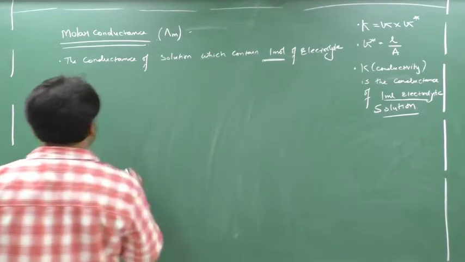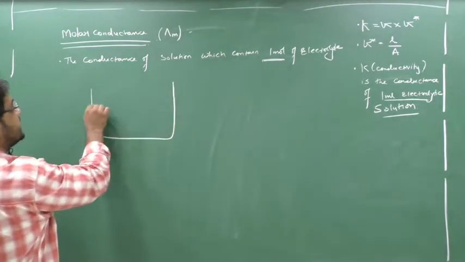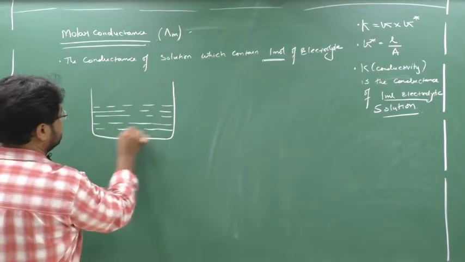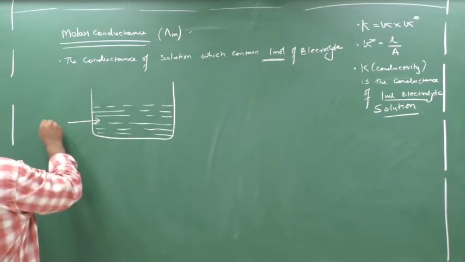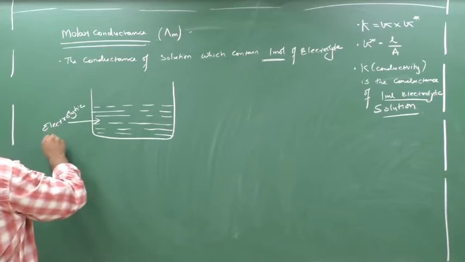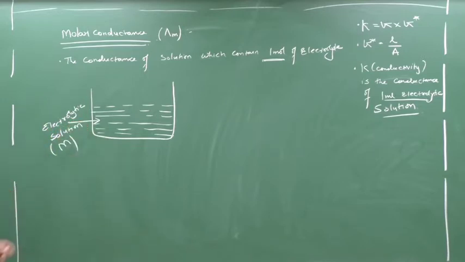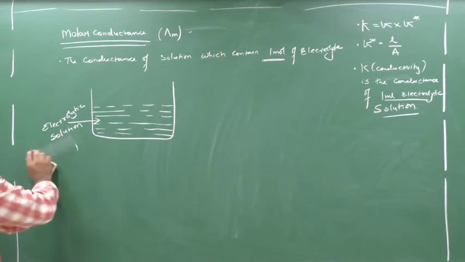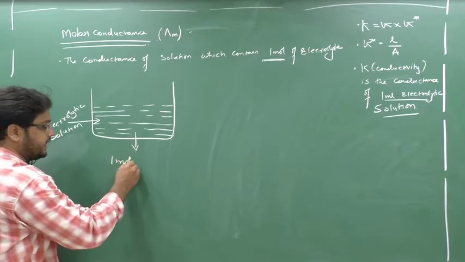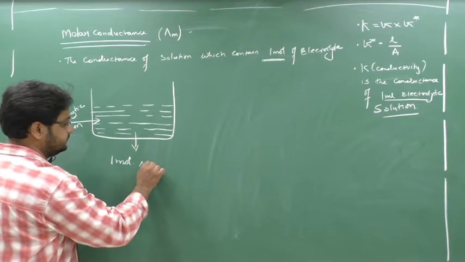For example, if I take this beaker and fill it with electrolytic solution whose molarity is M, or say this is an electrolytic solution which contains 1 mole of electrolyte, for example NaCl.